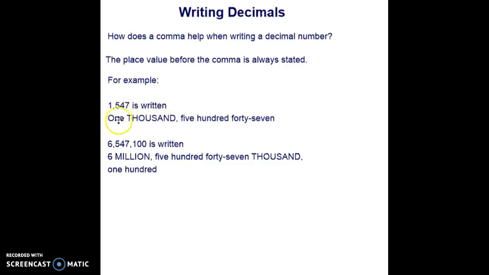So we have an example here. 1,547 is written 1,547. 6,547,100. So again, we see how each of these numbers, we started with the millions place. This is thousands. And then here we get down to the hundreds. We only have 100 left here.